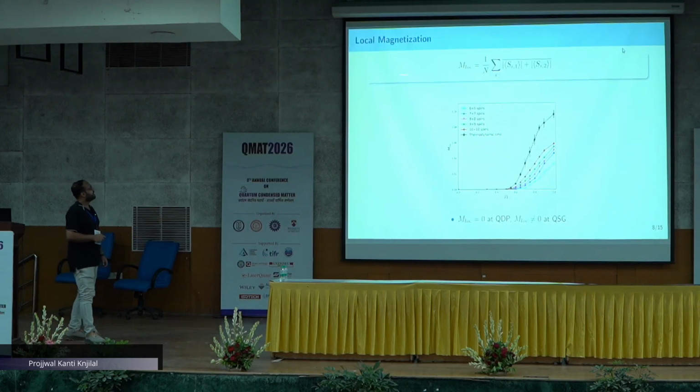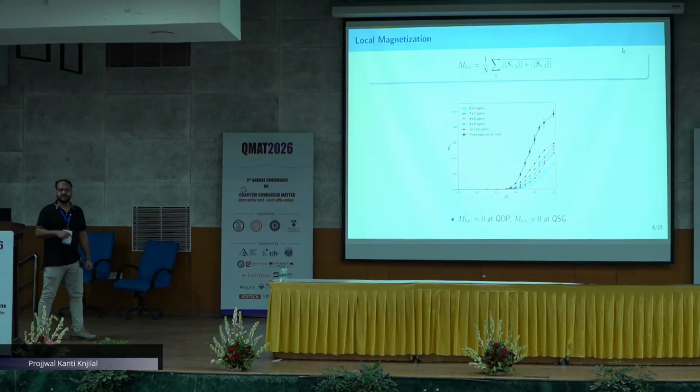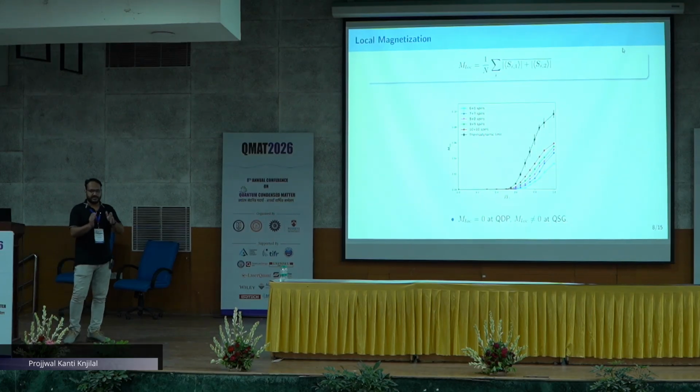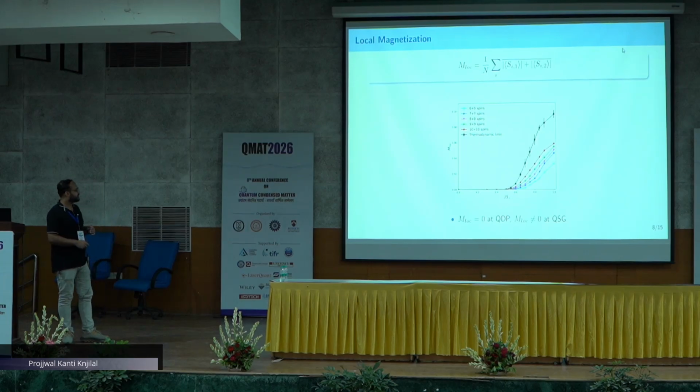One can also define a local magnetization, which is 0 in the quantum dimer phase and non-zero in the spin glass phase, and beyond a certain value of 0.55, it starts to develop. So here lies the quantum dimer phase and here lies the QSG phase, and they are roughly telling you the same story. For J by J perpendicular, the critical point should be somewhere near 0.55.